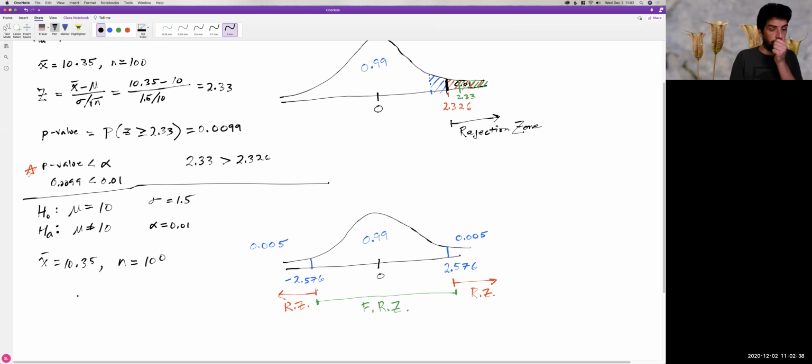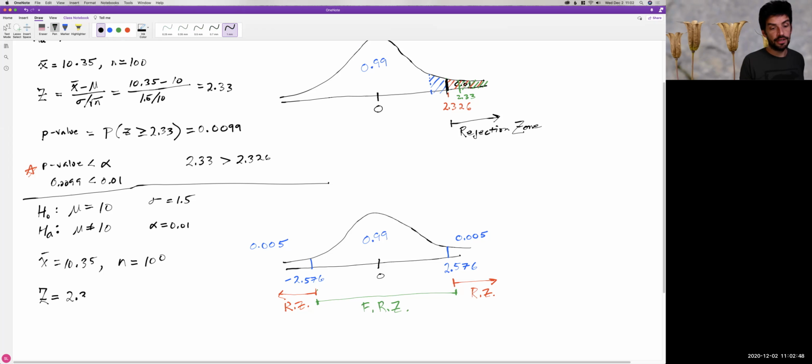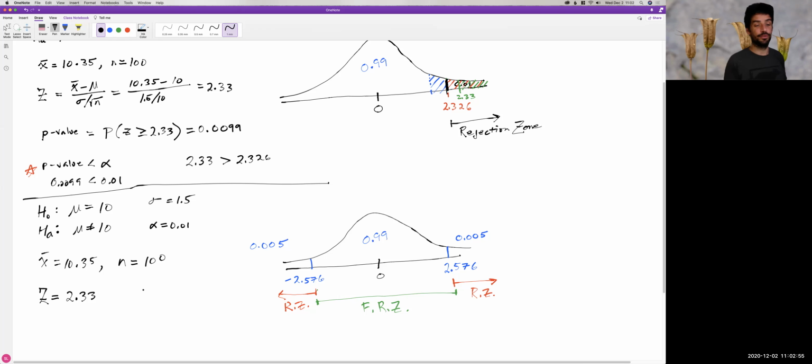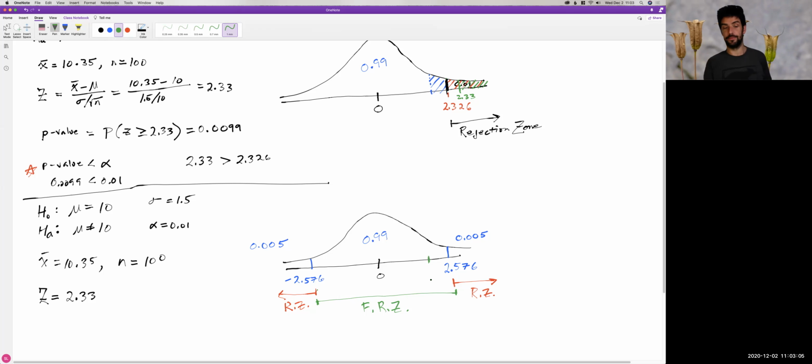So we would compute our z-score again, but of course, it's the same z-score that we got above. However, because we're doing a two-tailed test, we've split that area in half. Our restriction's a little tighter. So now 2.33 falls about right here.